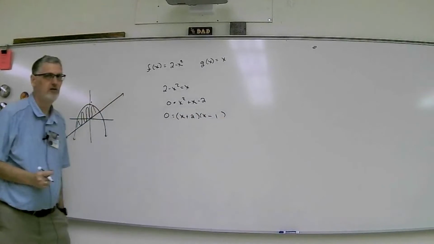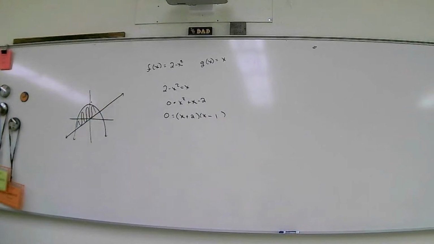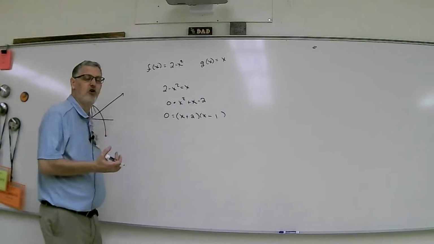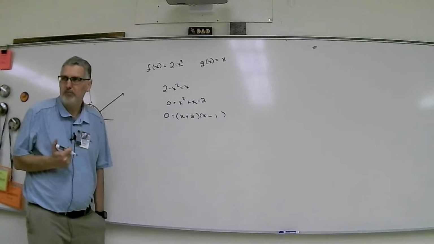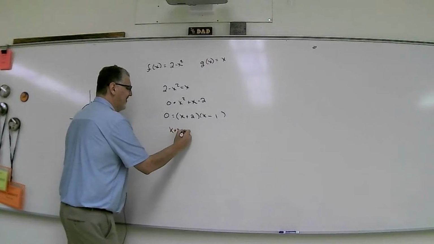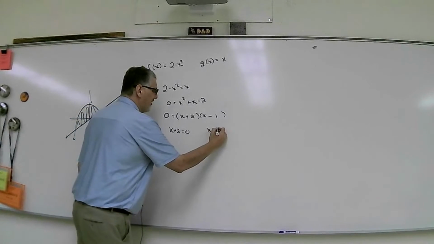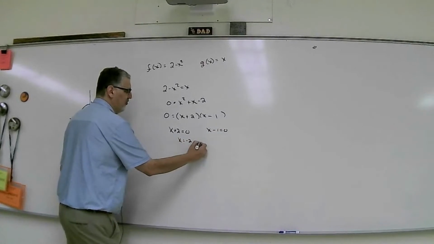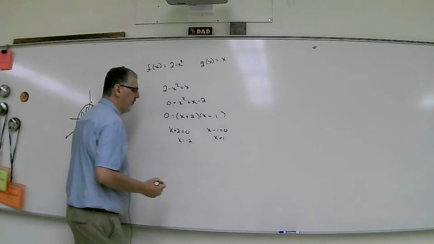Perfect. All right, somebody else besides Chandler, what's our next step? Set them equal to 0. What's that called? Zero product property. So x plus 2 equals 0, x minus 1 equals 0. And you should clearly see that x is going to be negative 2 and x is 1. So we have our bounds of integration.